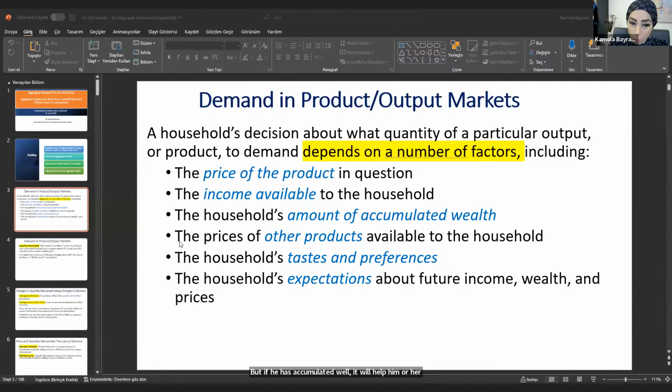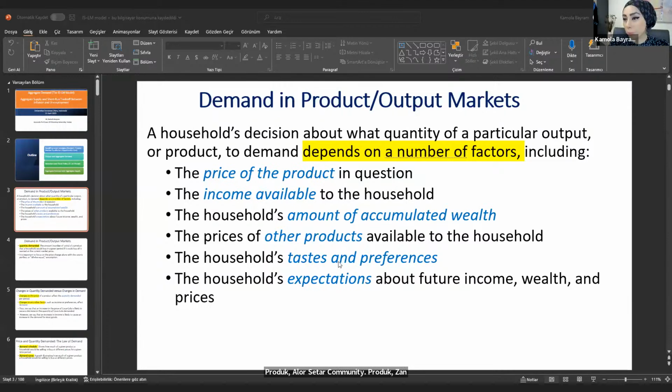Number 4, the prices of other products available to the household, which are substitute products or also complementary products.